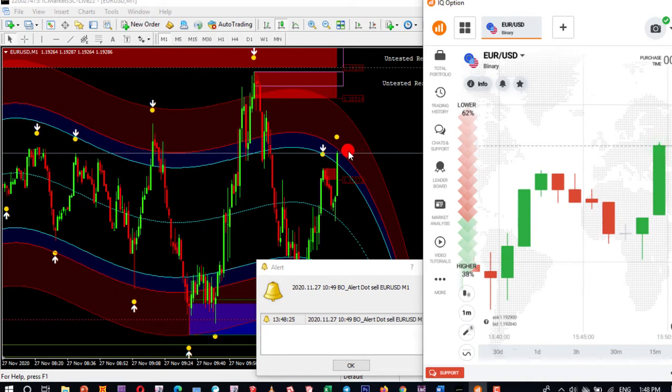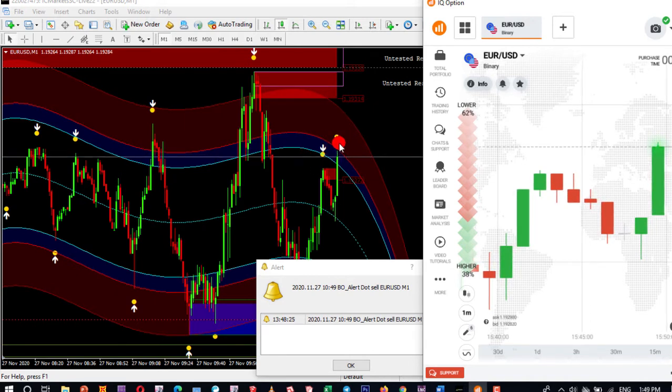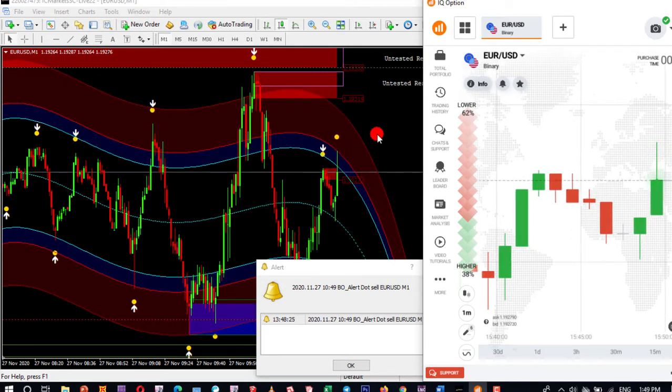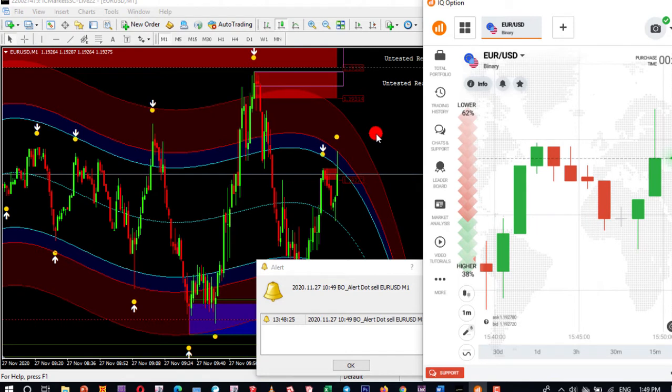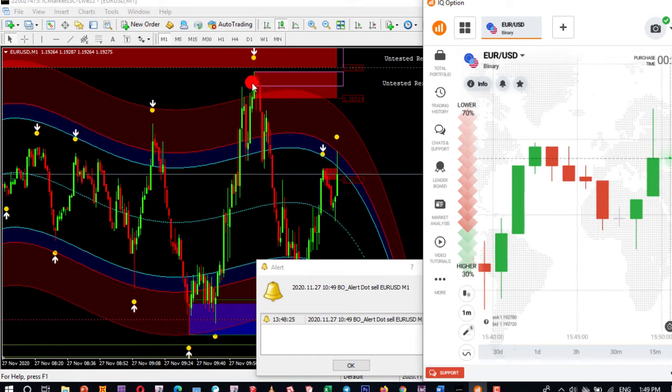You can use this strategy for forex and for OLM Trade. So if you have a broker account like Octa, Forex, or IC Markets, you can use this strategy for forex trading or for long-term placement.